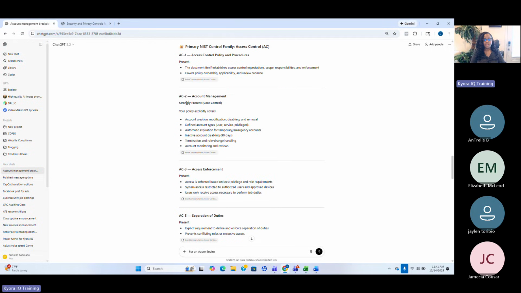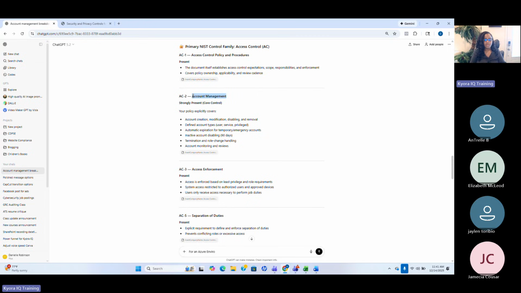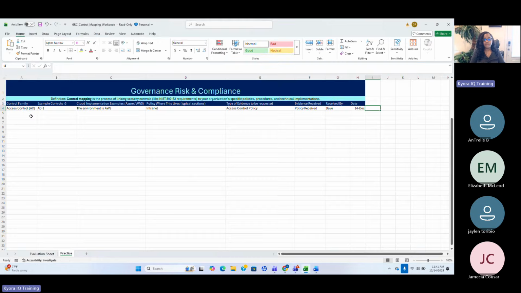Okay, so the next one is AC-2 for account management. On your workbook, you want to put account management. And again, I know this seems like a lot, but how many of these do I have to go through? All of them.